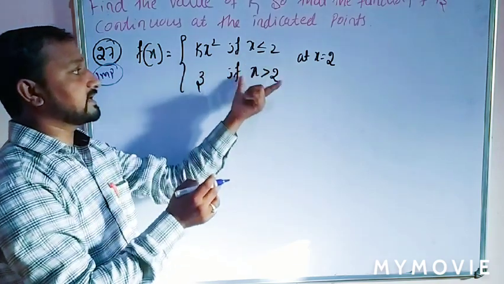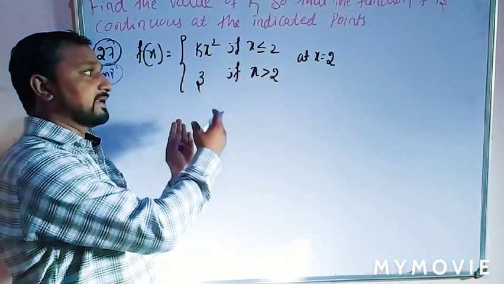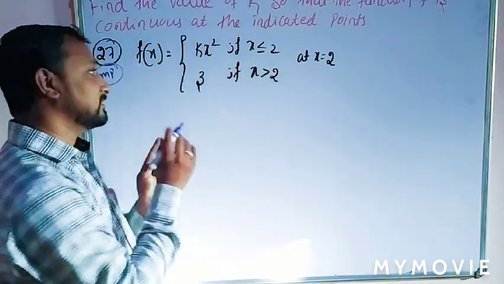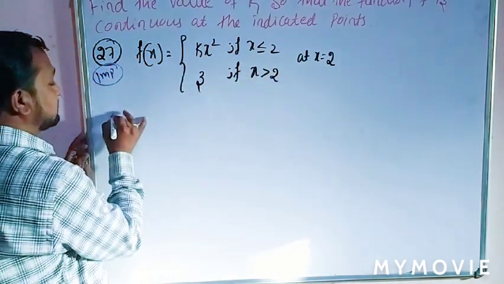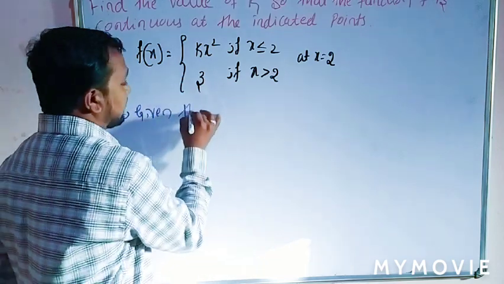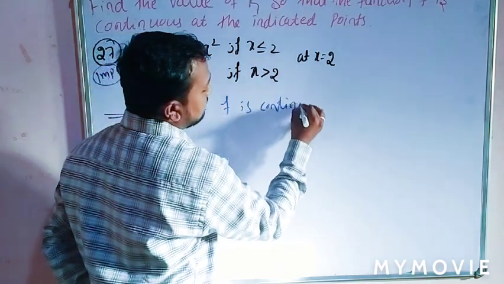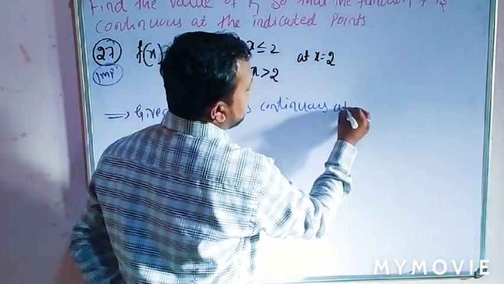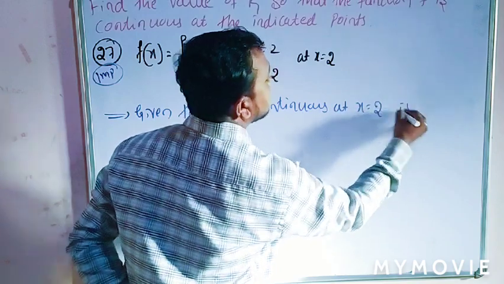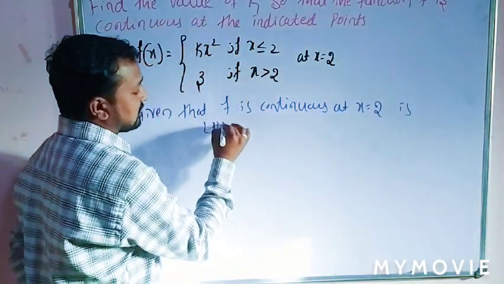This is regarding LHL and RHL. The function should be continuous at x equal to 2 is nothing but our LHL and RHL should be equal. Okay. So directly you can write, given that, this is a 4 marks example. Given that f is continuous at x equal to 2 is nothing but LHL equal to RHL.